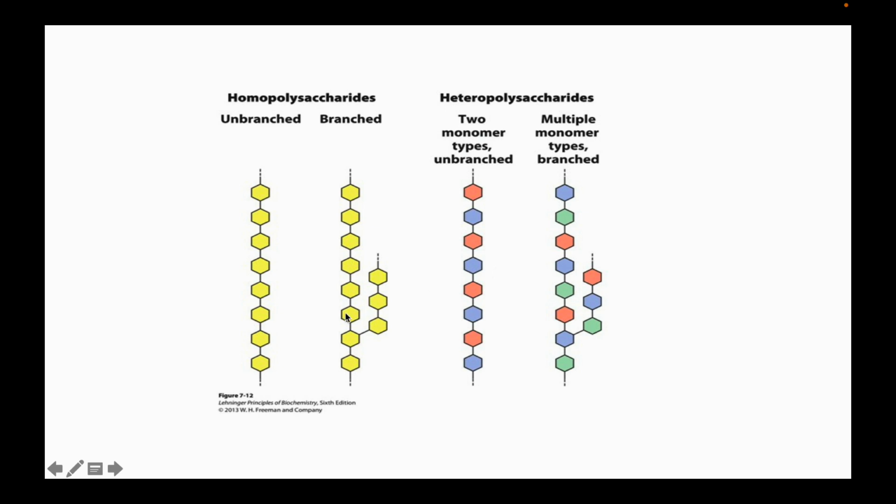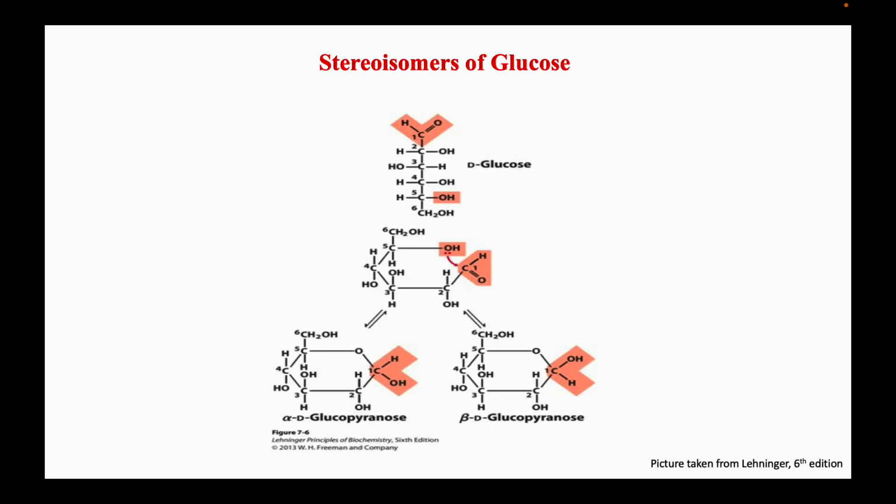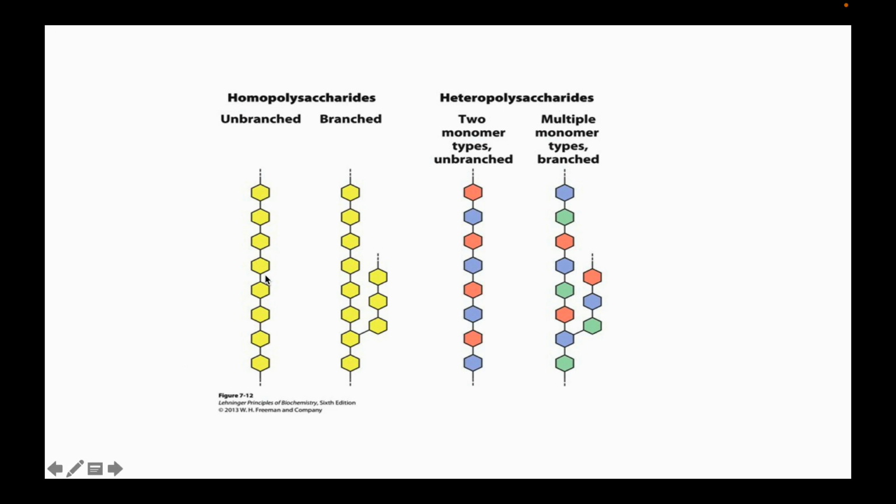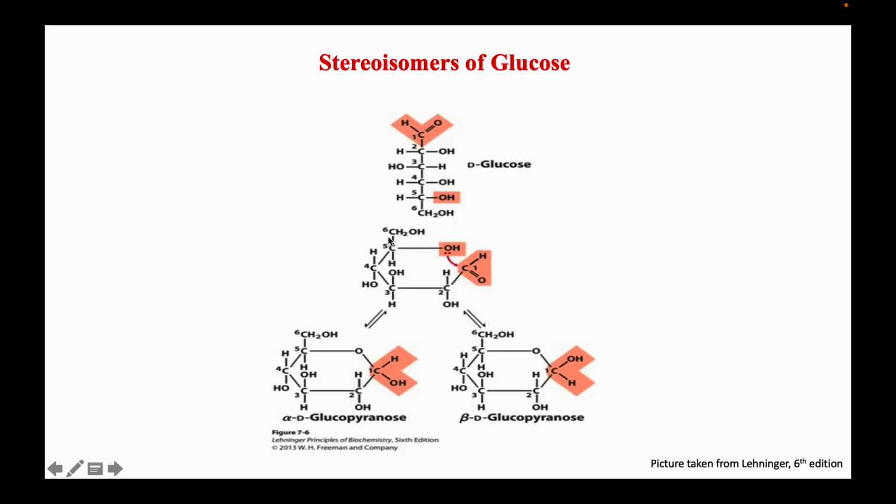So always remember, branching generally, it's not a thumb rule, but generally we see that branching occurs at the 1,6 position. So this is where the branching occurs. The C1 carbon will attack the sixth carbon, and this is how the branching occurs.